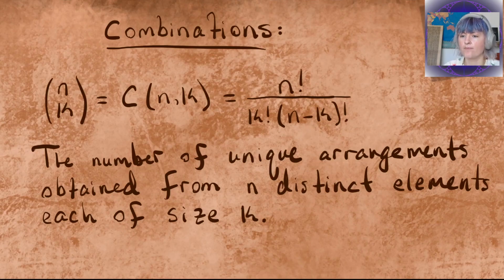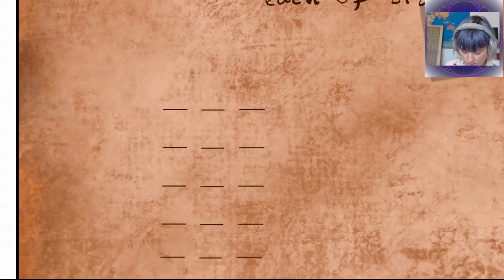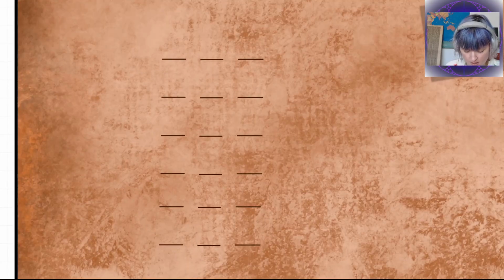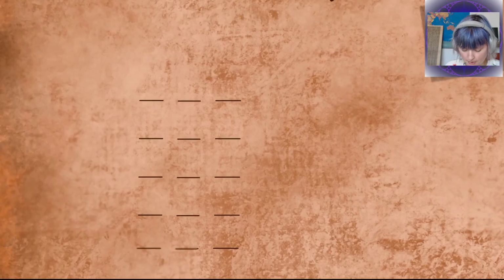K is a limiting variable on the size of each arrangement. Within factorial, we said it's a size of n, and there are n distinct variables. Well, now what if we said k was the size of each arrangement?